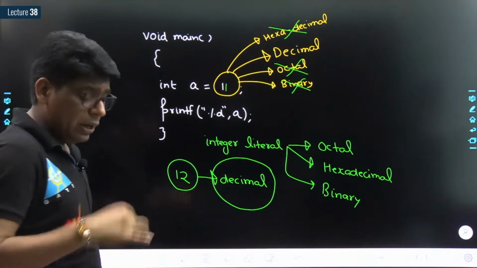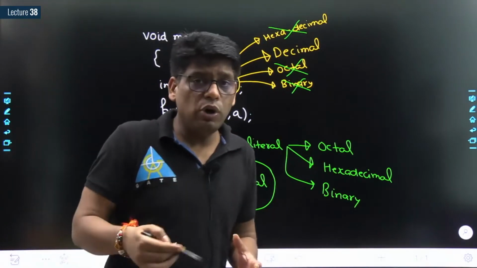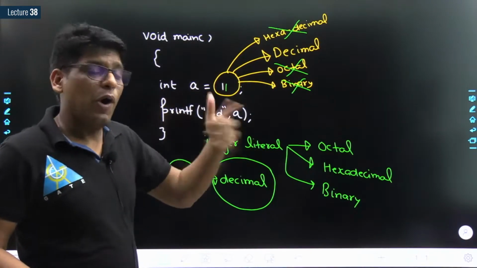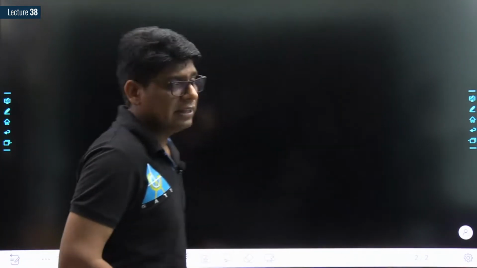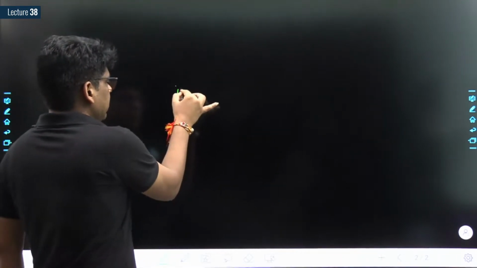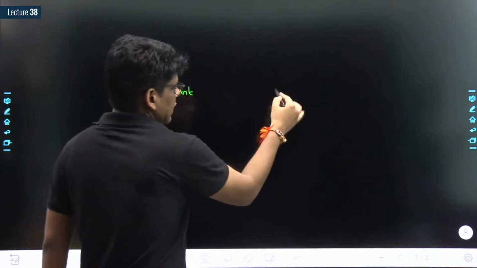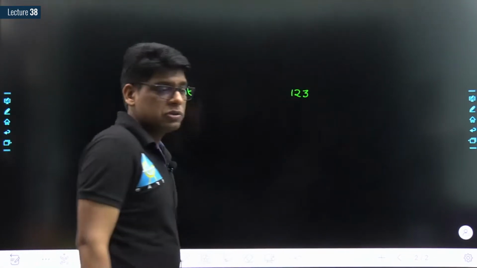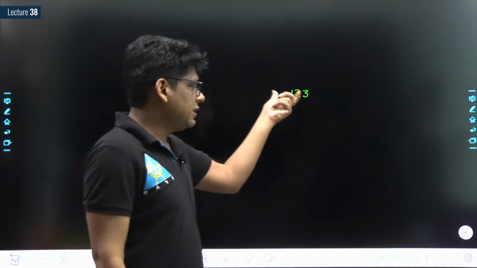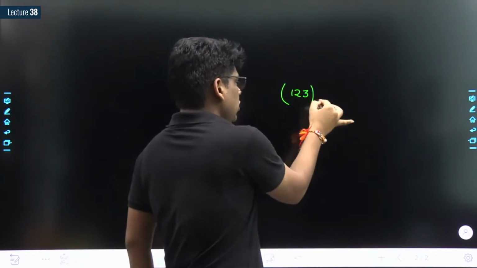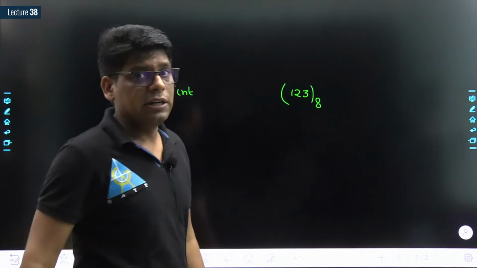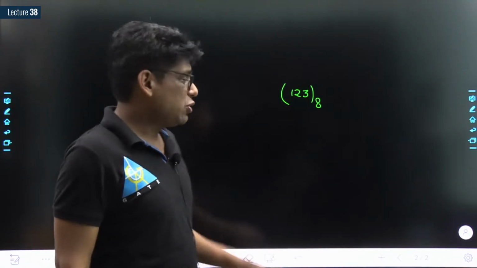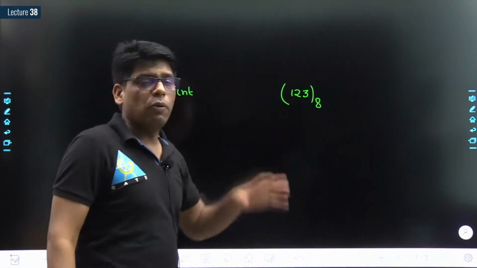So sir, what if we want to provide an integer literal in octal number? Let us suppose I am saying that this number is written in octal, and I want to tell the compiler to store a literal in octal form.